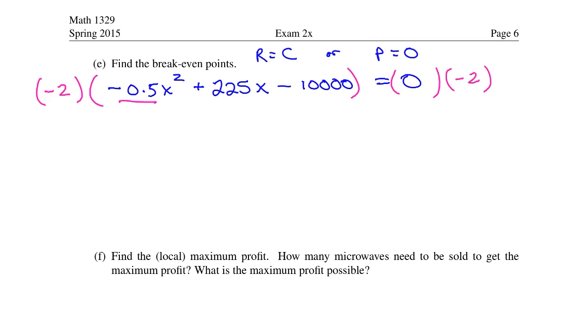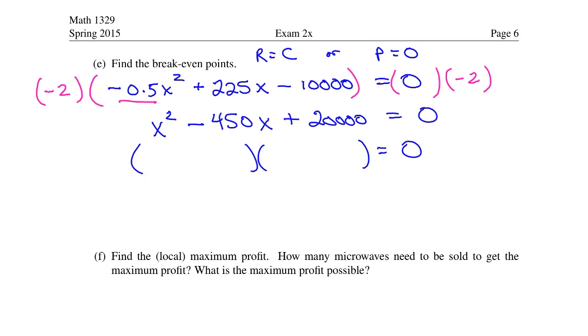So if I multiply by negative 2 on both sides, we end up with x squared minus 450x plus 20,000 is equal to 0. When you multiply an equation by a constant, you do not change what the answers will be. Both of those equations will have the same answer.